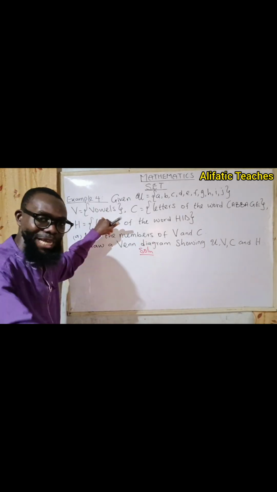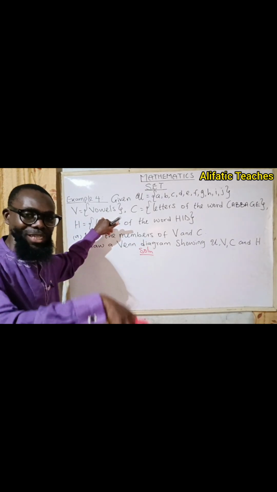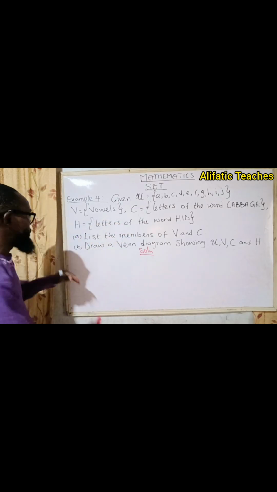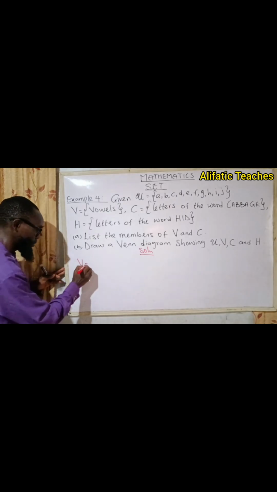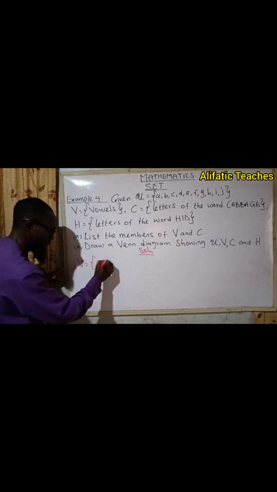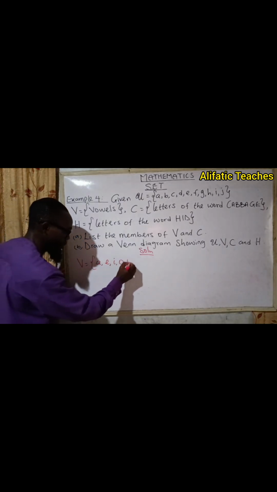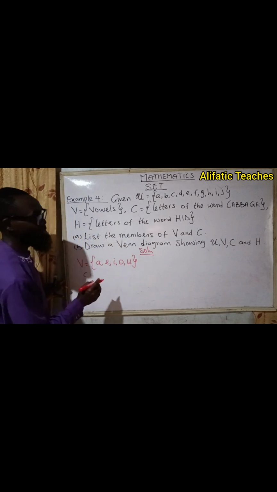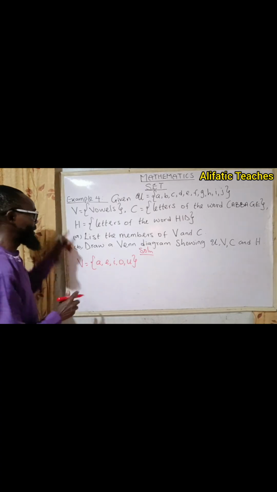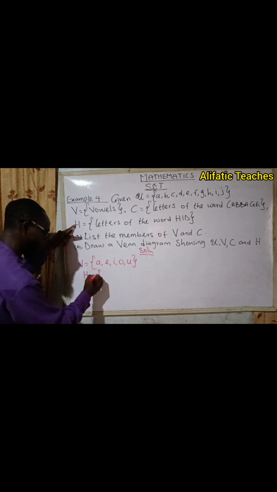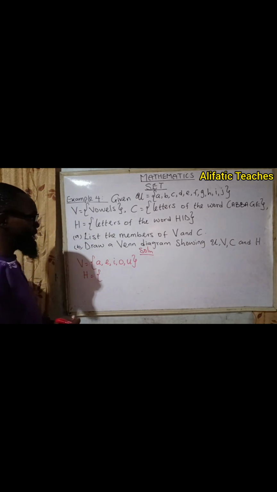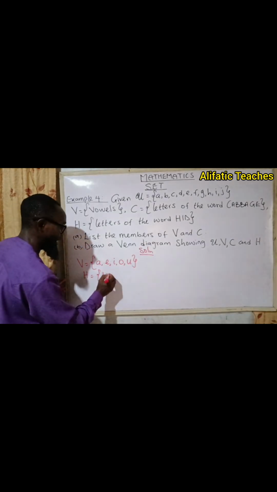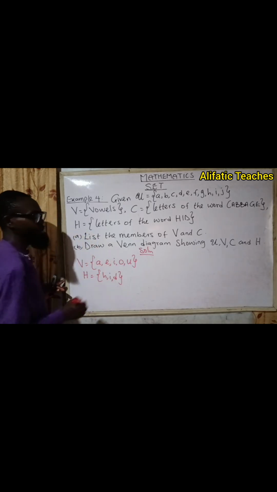So you write the vowels, which are A, E, I, O, U. Secondly, we have C. Then H, the letters of the word heat. So we have H, E, A, T. Are we together?